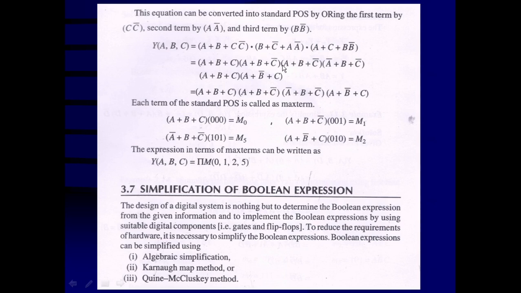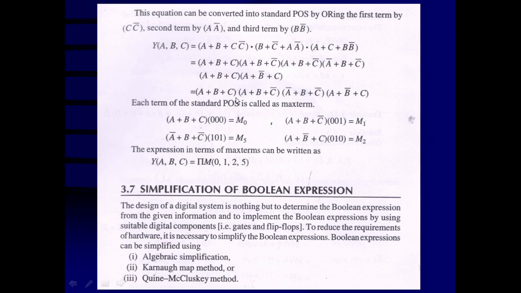Second term: A plus B plus C bar into A bar plus B plus C bar. The third one is separated as A plus B plus C into A plus B bar plus C. This is equal to A plus B plus C. Whichever term is repeated should be ignored.